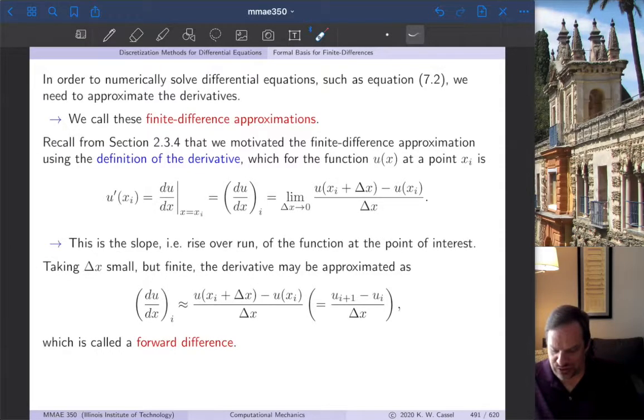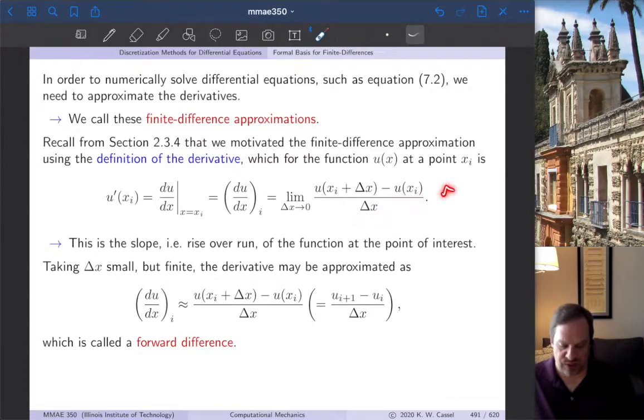We sort of discussed why that was the case in the last video, but let's go back to the definition of the derivative. We had this way back in section 234 as well as in the previous section. So du dx at a given point, x sub i, which we'll denote simply by du dx with a subscript i, by definition is the limit as delta x goes to 0 of u at a point just to the right of the point of interest minus u at the point of interest, divided by the distance between them.